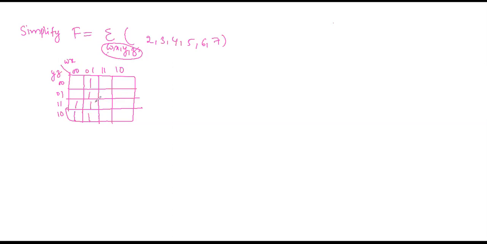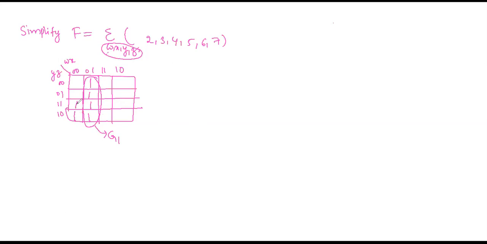Okay. Now try to form the groups. First, look for the maximum number of ones to form a group. So this maximum number of 4 ones you can form as a group. This is G1. Next, 2 minterms are left alone, but you should not leave any minterm.